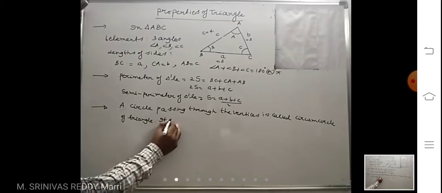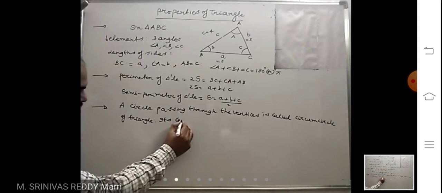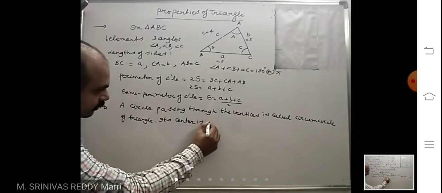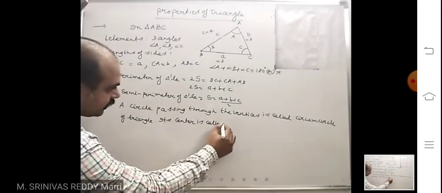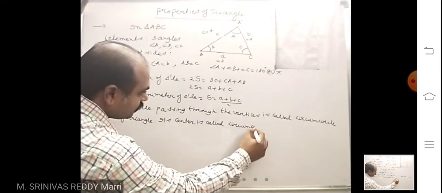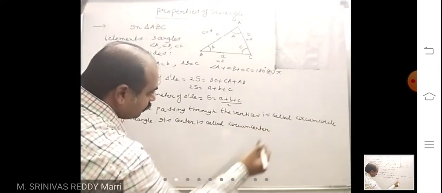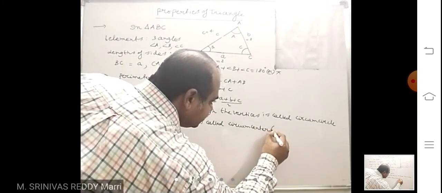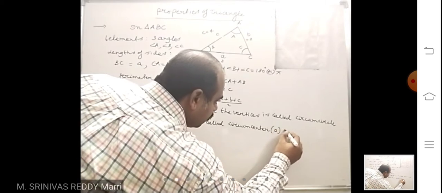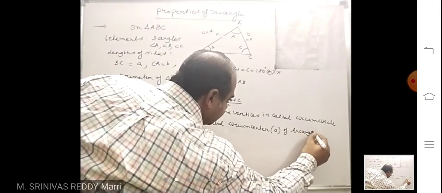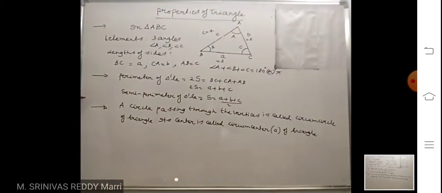Its center is called the circumcenter of the triangle. Circumcenter is denoted by O. The center of the circle is called the circumcenter of the triangle.